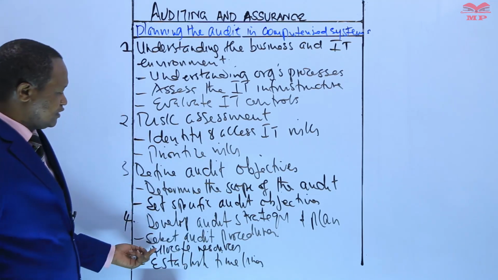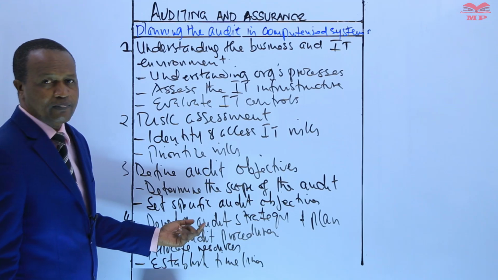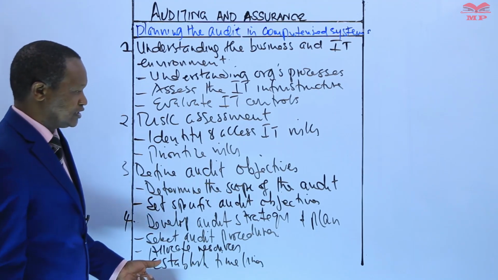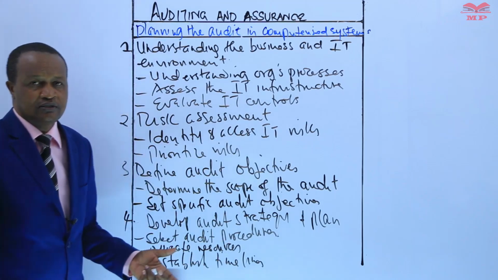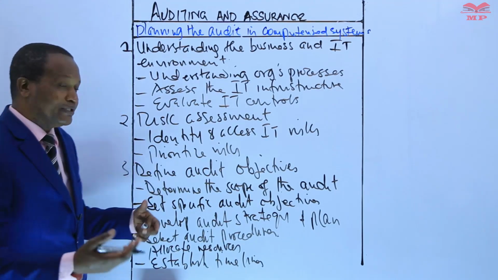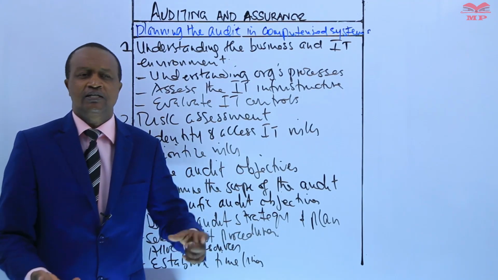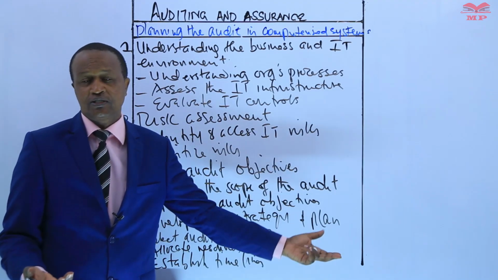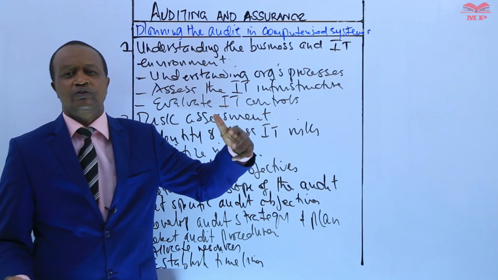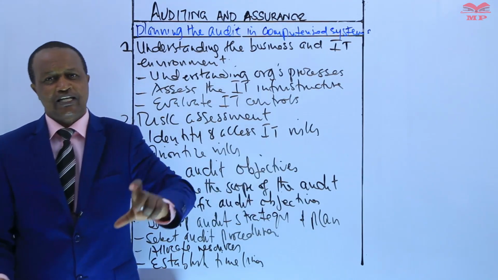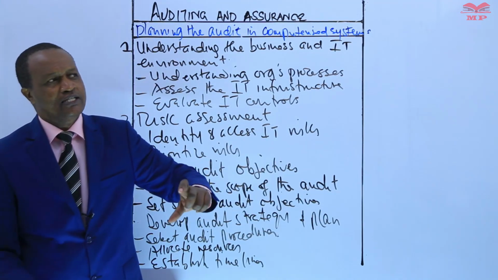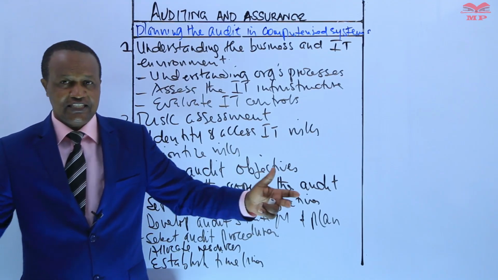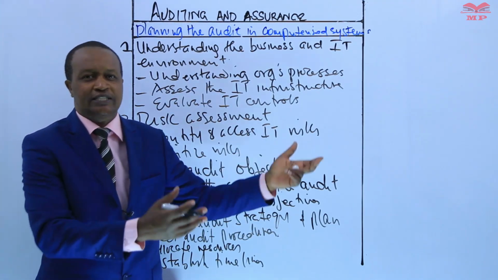The objectives may be the same, but the tools are different. Establishing timelines is necessary both when auditing a computerized system or even the manual system. Establishing a timeline means creating a detailed audit plan with specific tasks, deadlines and responsible parties.